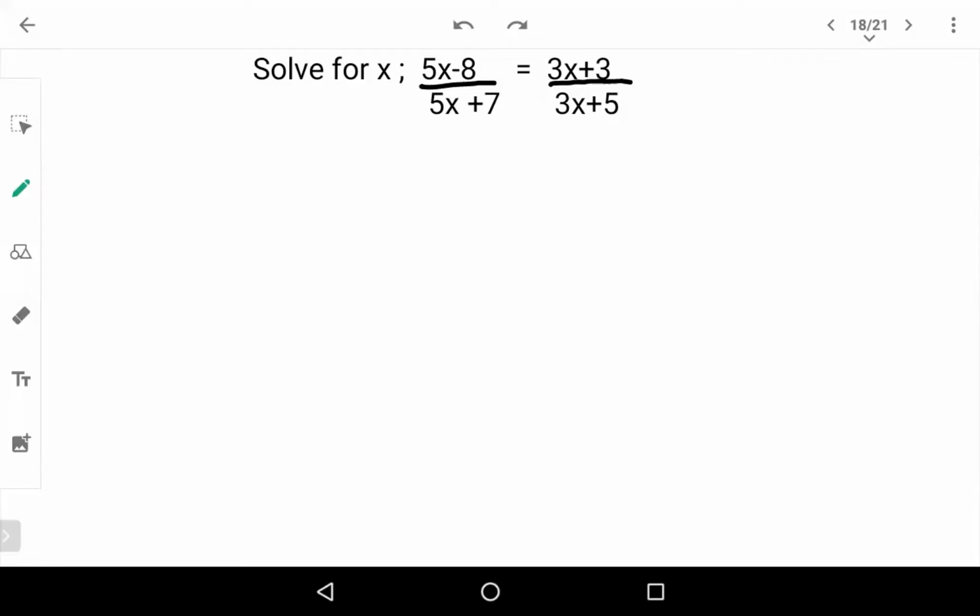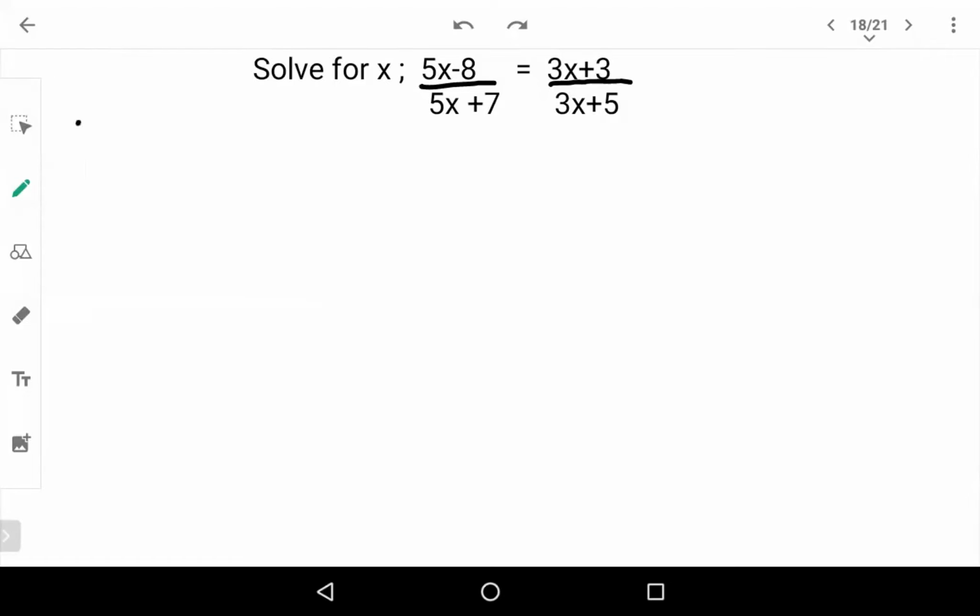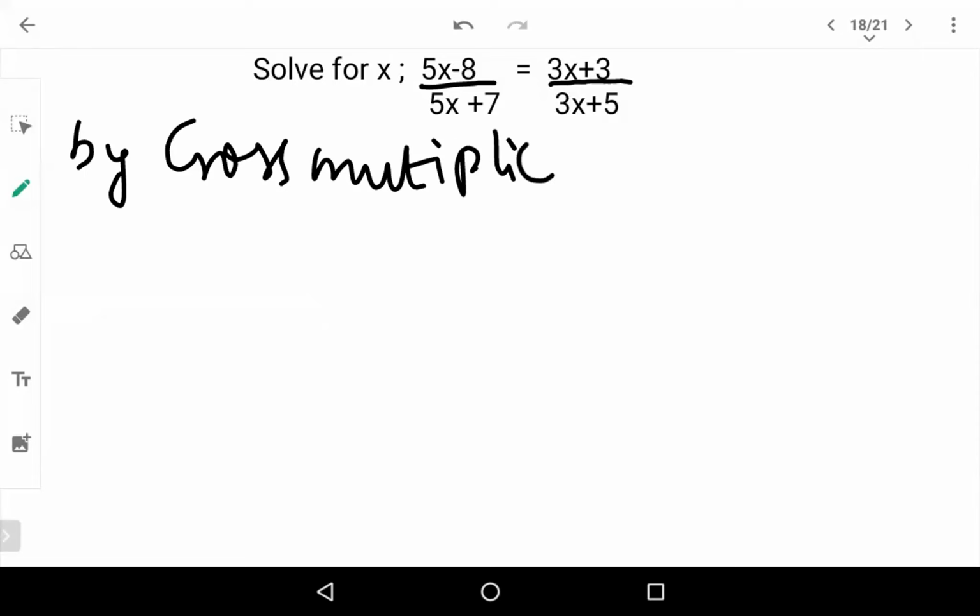So then help me solve this. Let's quickly solve this. First we have to do cross multiplication. Yeah, minus 61 by 35 is the right answer. Good.